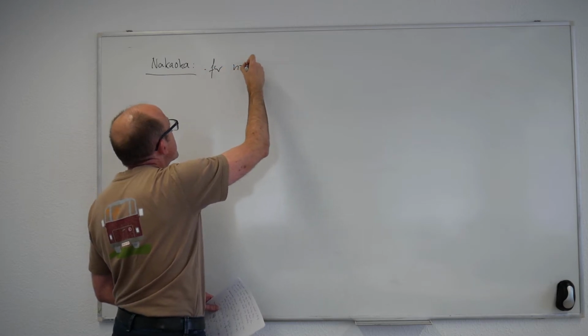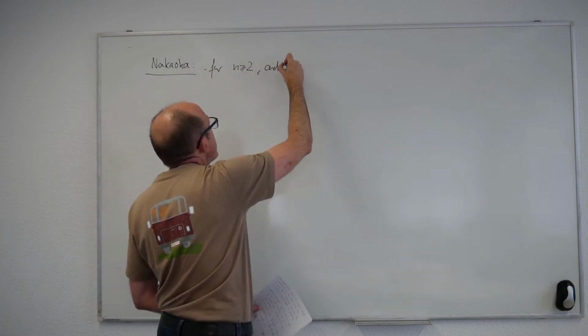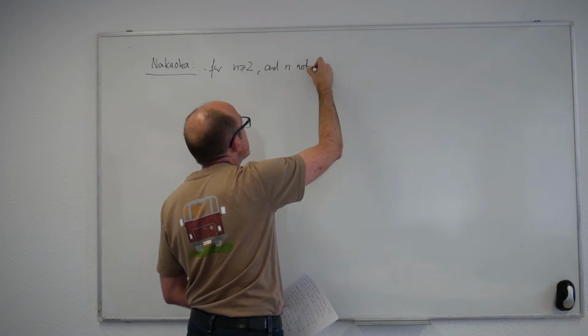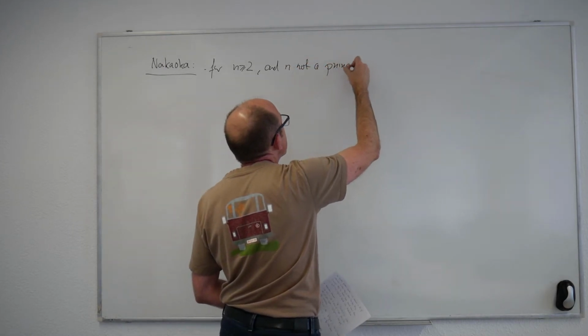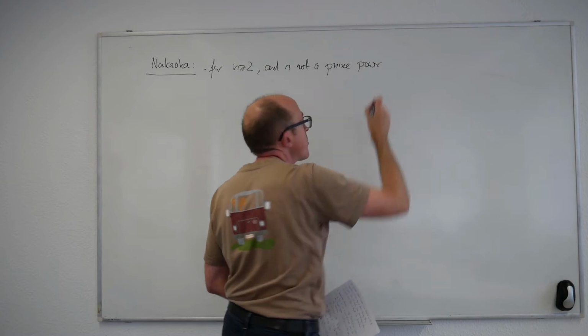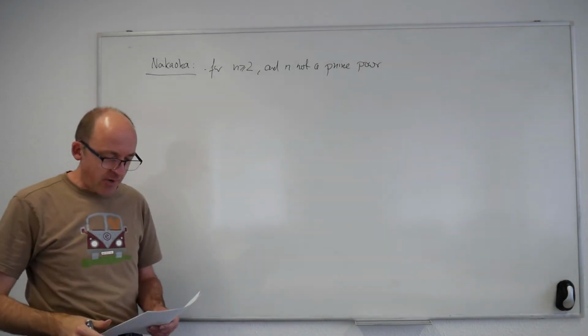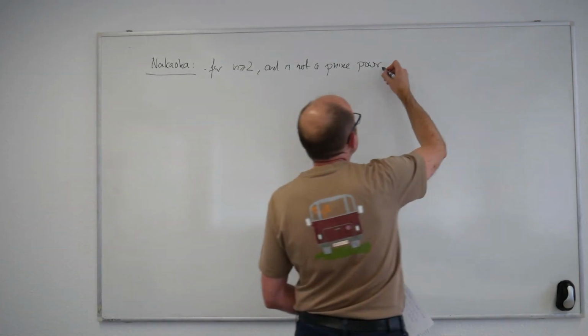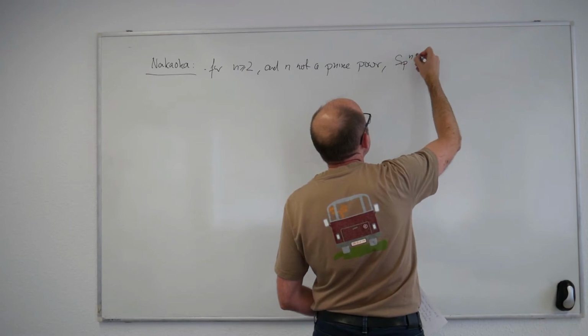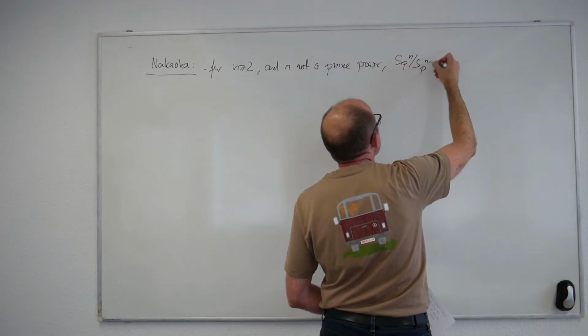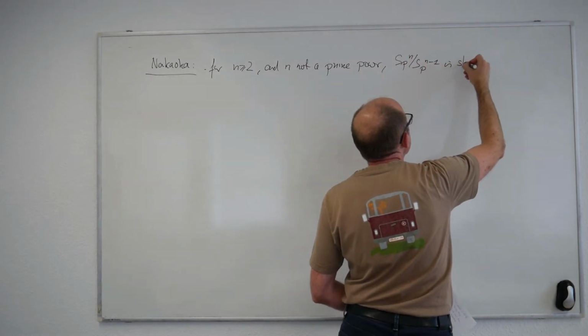For n greater or equal to 2 and n not a prime power, so not a single prime to some power, the subquotient spectrum Sp^n modulo Sp^(n-1) is stably contractible.